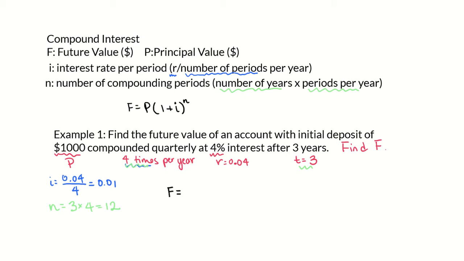So F is equal to the principal amount, which was 1,000, multiplied by 1 plus I, which was 0.01, raised to the N, which is 12.